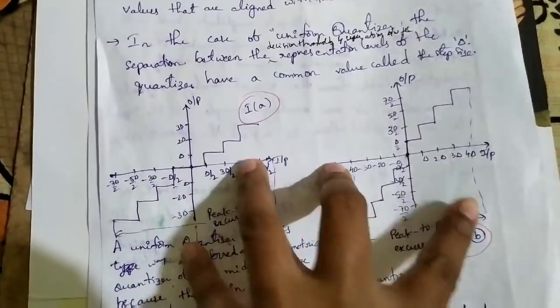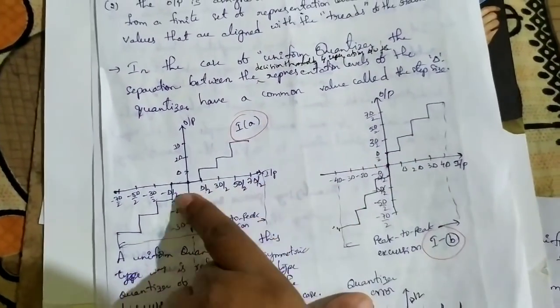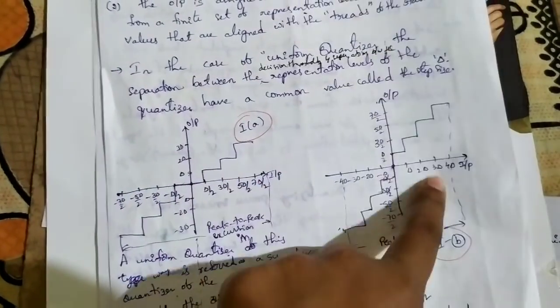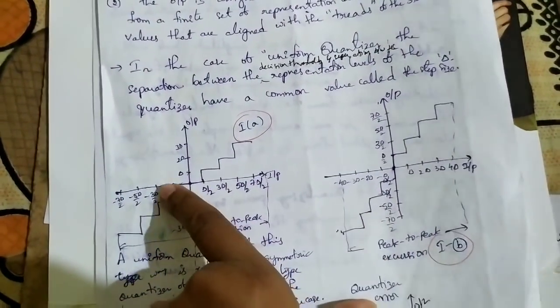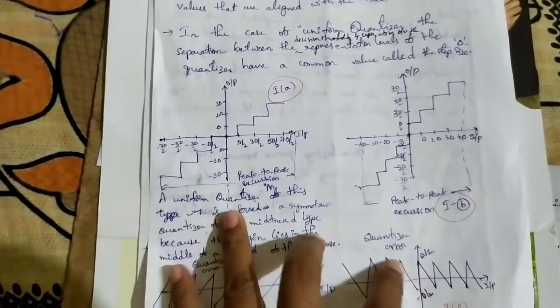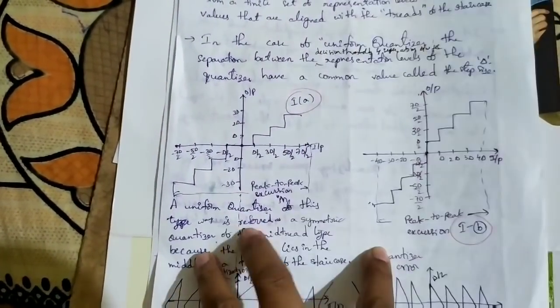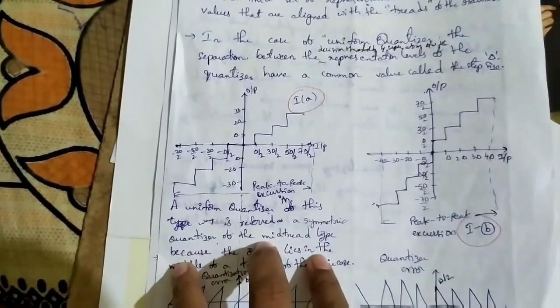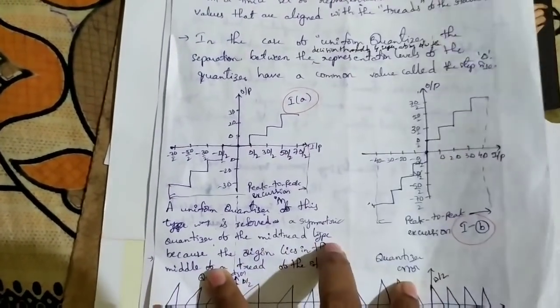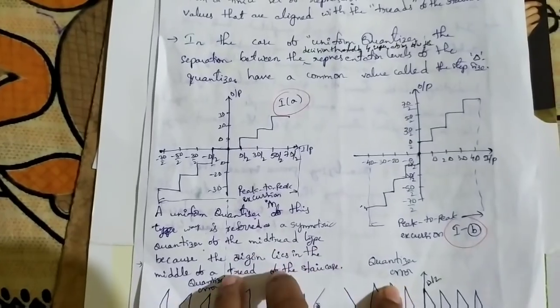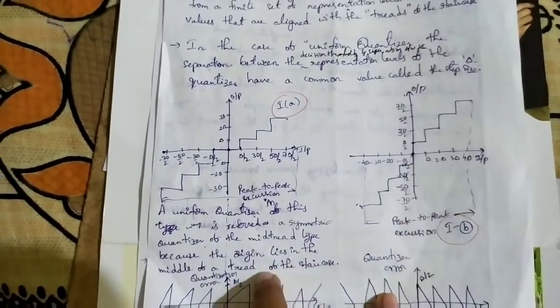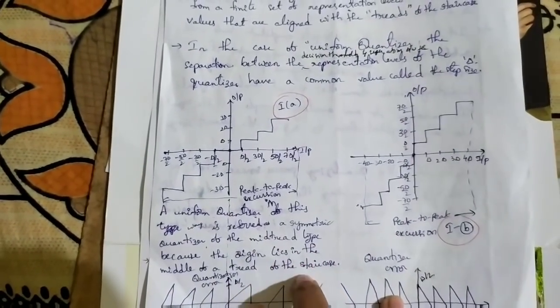Coming to these two figures, this is the first type and this is the second type. See here, a uniform quantizer of this kind is referred to as a symmetric quantizer of the mid-tread type, because the origin lies in the middle of a tread of the staircase.